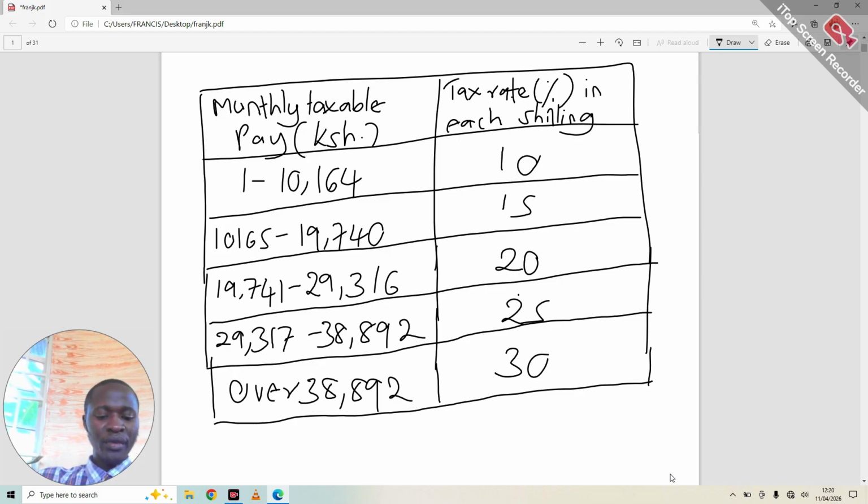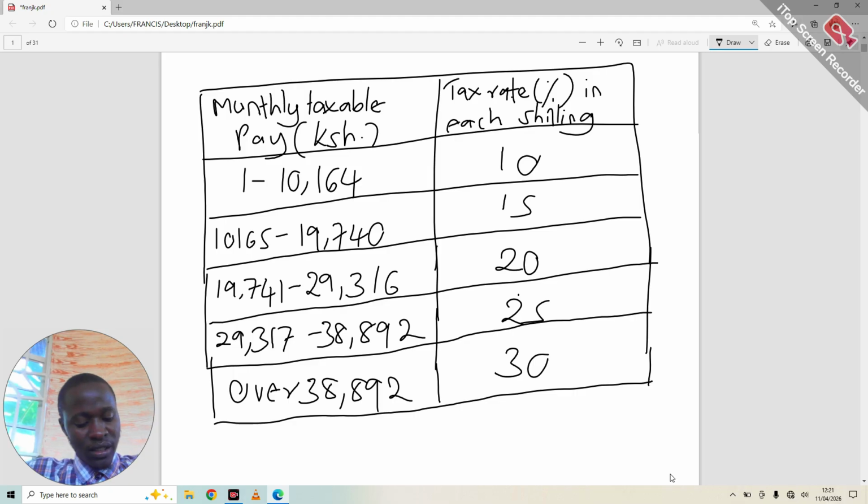Part B reads, Kantai was entitled to a monthly personal relief of 1,162 shillings and a monthly insurance relief at the rate of 15% of the premium paid, subject to a maximum relief amount of 5,000 Kenyan shillings per month. How much tax did he pay each month if he paid a monthly premium of 6,900 Kenyan shillings toward his life insurance policy? That is part B of the question.